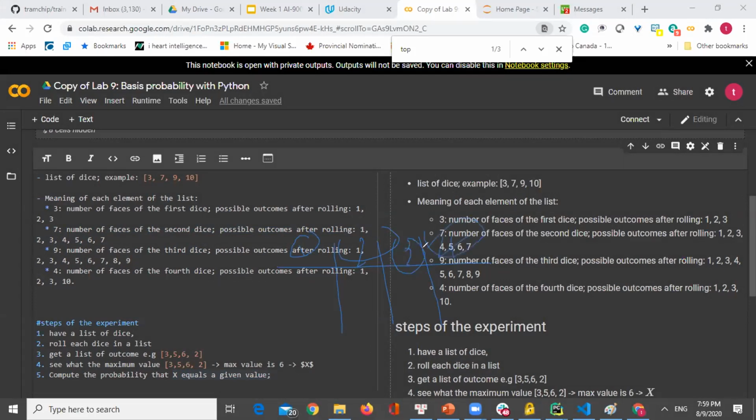We have 4 dice. So in here the maximum value is 6, right? Then we compare it to the list of the value here. We could compare to the list here or list here or list here. That's what I meant.